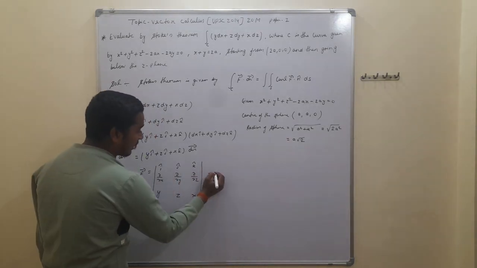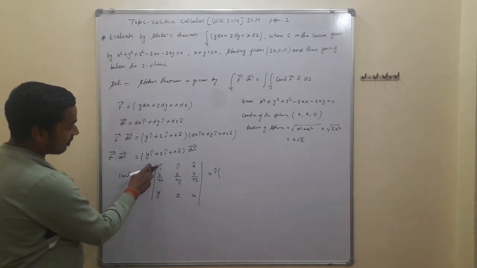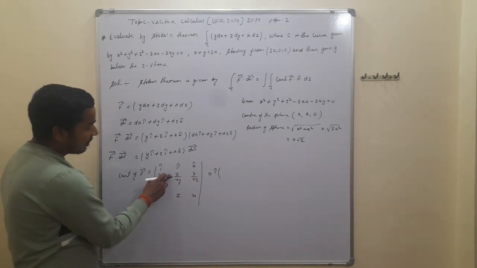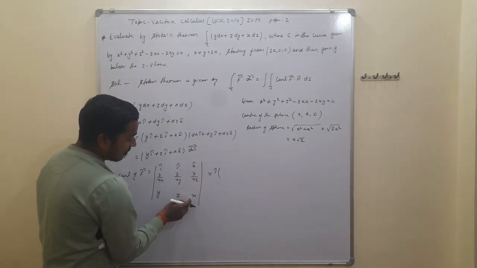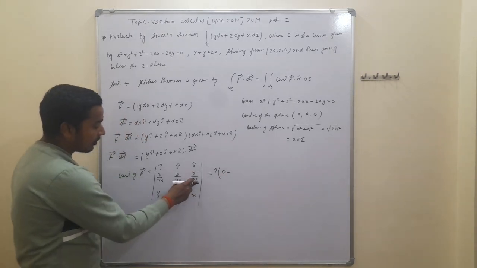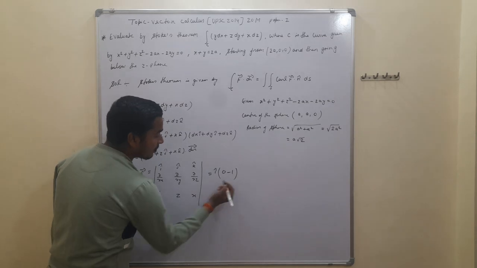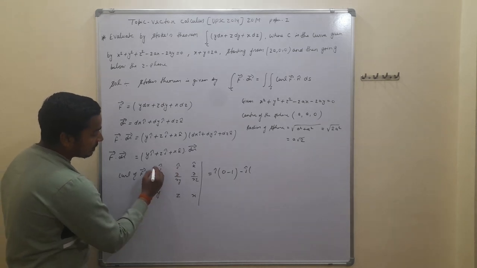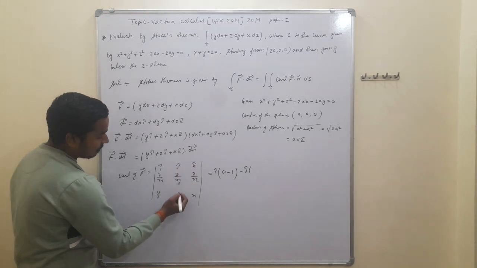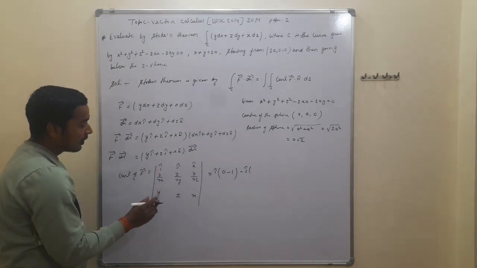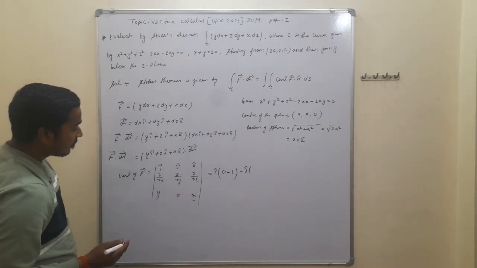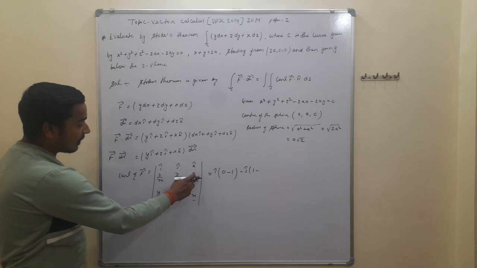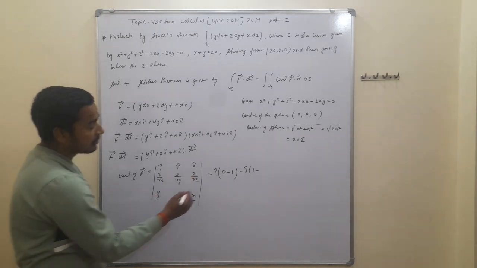Taking i cap, we remove its row and column and solve the rest: del/del y of x gives 0, minus del/del z of z gives 1. Then minus j: taking the operation between i and k, del/del x of x gives 1, minus del/del z of y gives 0.